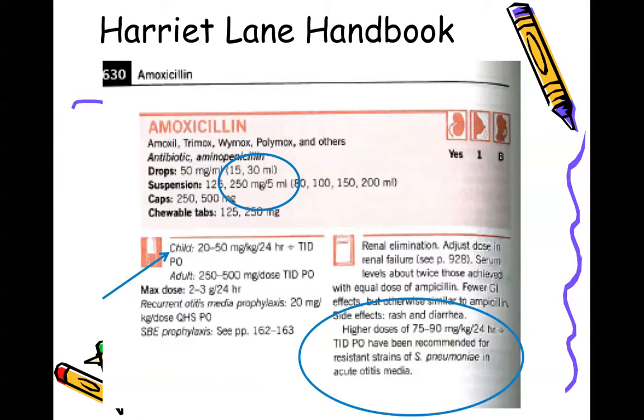But this is why it's important: if you only specify a volume without specifying the concentration, indicating how many milligrams per milliliter or per 5 milliliters in this case, then you could be giving a wildly different dose to your patient. It also comes as capsules, 250 or 500 milligram capsules, or as chew tabs. But for our patient, we're going to be giving a suspension.